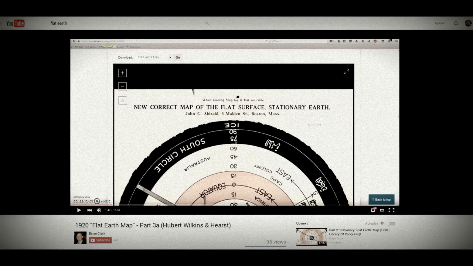And what do you know? This funky-looking little map has the latitude lines all the way out to 90 degrees, when the Gleason map only goes out to a little over 60. So, because they need the 90 degrees to be able to make a full circle of the globe.